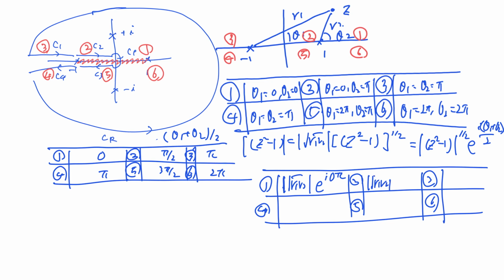Square root of r1 r2, exponential i pi over 2, square root of r1 r2, exponential i pi, square root of r1 r2, exponential i 3 pi over 2, square root of r1 r2, exponential i 2 pi.